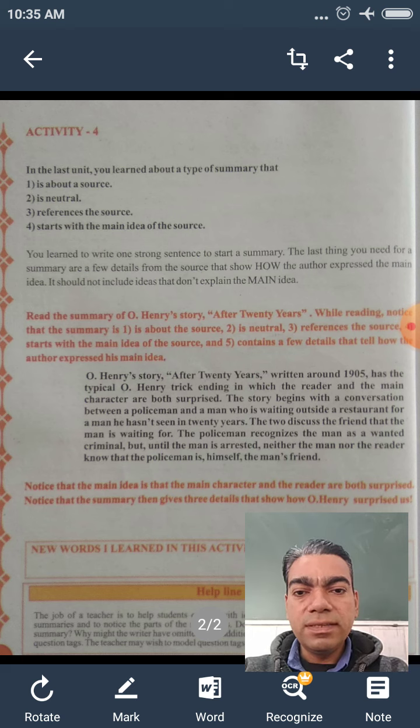Now read the summary of O. Henry's story After 20 Years. In the first semester, we saw the lesson After 20 Years, written by O. Henry. That summary we have seen.